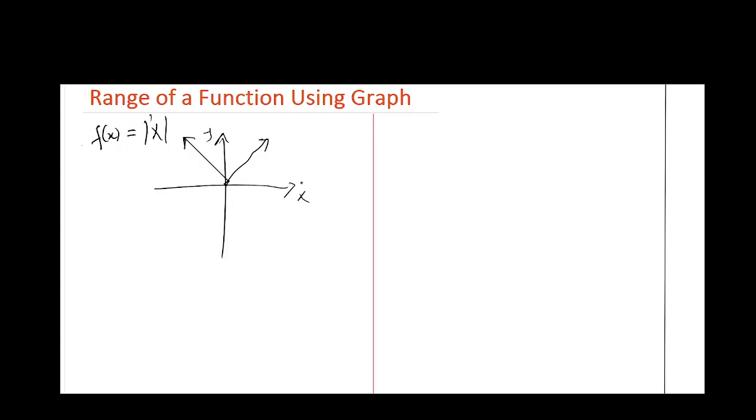For absolute value, it either opens upward or opens downward. Now, if the function is positive, like we have here, it is going to open upward. If it's negative, it's going to open downward.